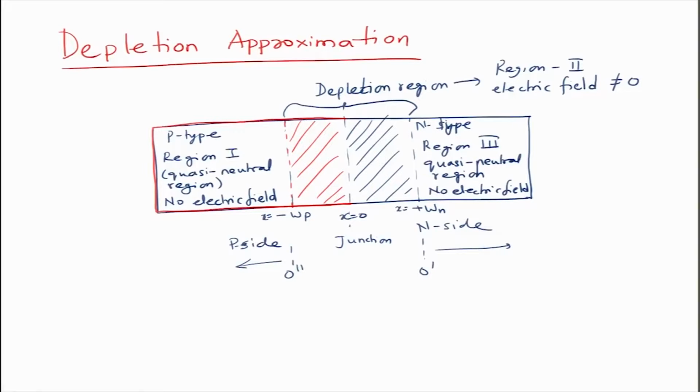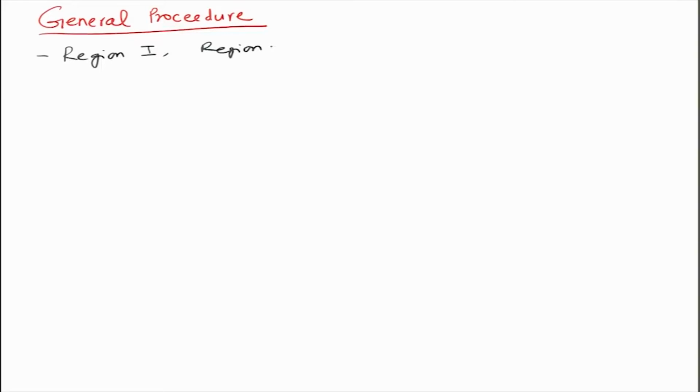So, what is the general procedure for solving? So, let us write the general procedure. The general procedure is that we divide the device into 3 regions, region 1, region 2 and region 3. Okay.